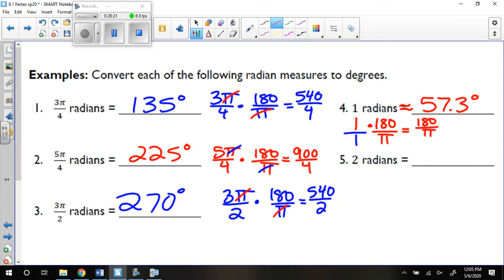Okay, and same thing for number 5. We're doing 2 times 180 over pi. So if I stick that 2 over a 1, 2 times 180 is 360 divided by pi.